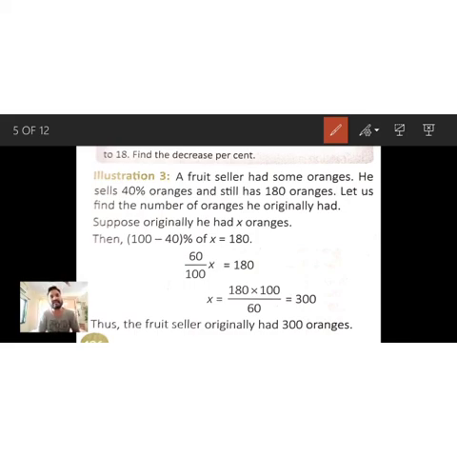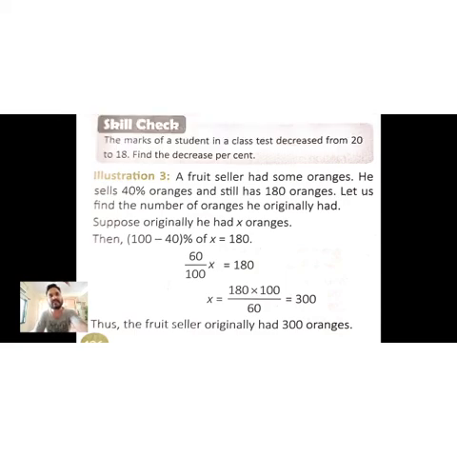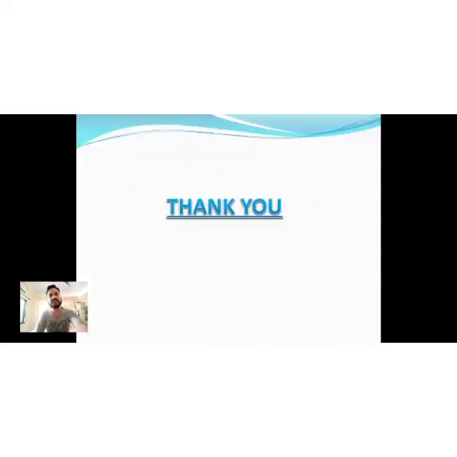Simply, when there is a number and we have to convert it into percentage, we have to multiply by 100. Or when the value is in percentage, then we have to simply divide by 100. Okay, this is the basic form of percentage.